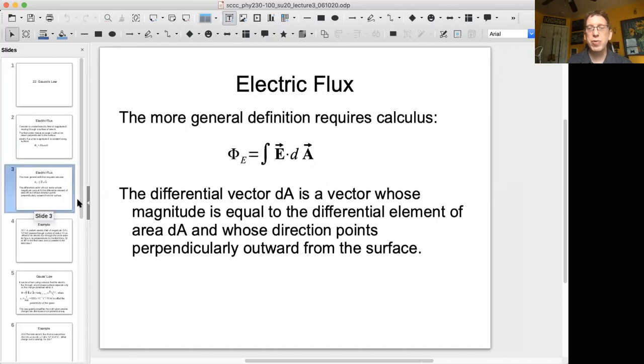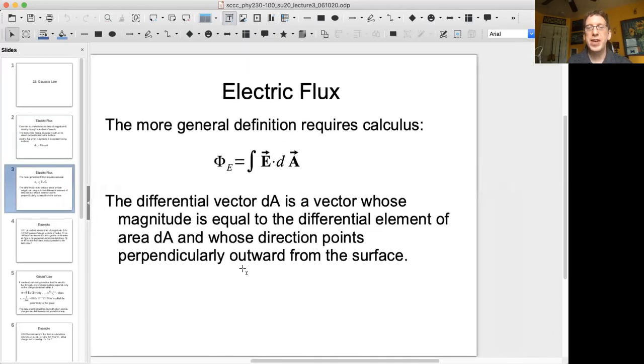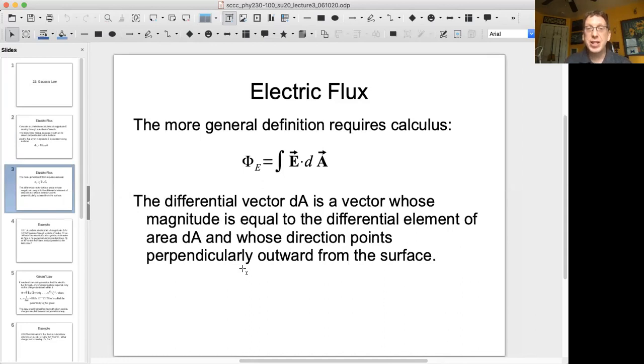In more general terms, if the electric field is either not uniform or the surface is not flat, or both, you need to resort to calculus to figure out the electric flux. So in that case, the first thing you do is you figure out the dot product between the electric field vector and a differential element of area.